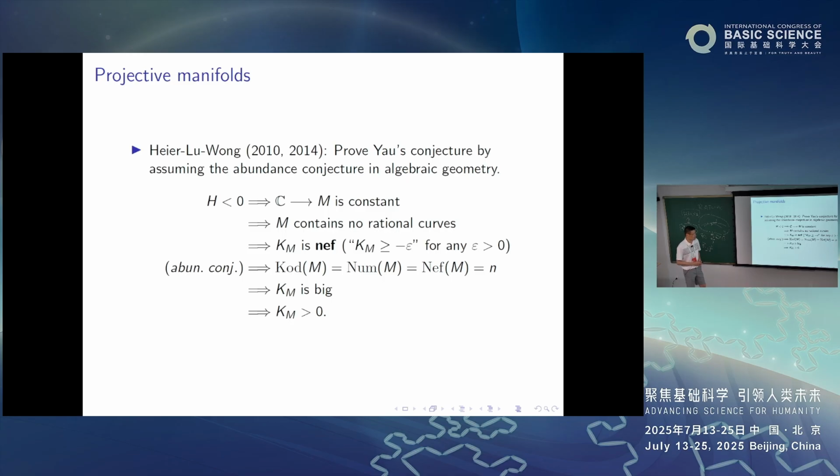So they are equal, and because the abundance conjecture asserts that these are all equal to n, all these equalities hold. Then that means K_M is big, right? It means you already have lots of sections. So by algebraic geometry, also in Peternell's talk, if it's big enough and has no rational curve, you can show that it is projective. That's the argument.